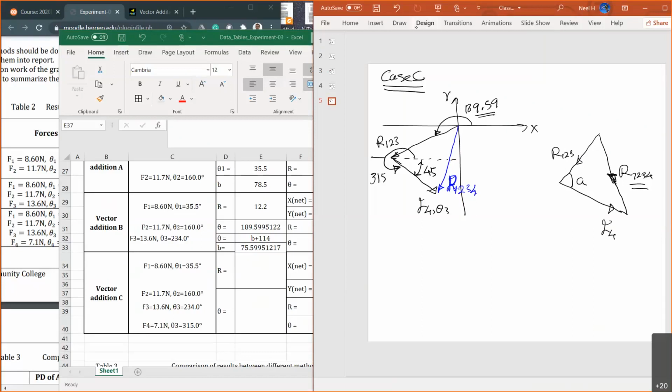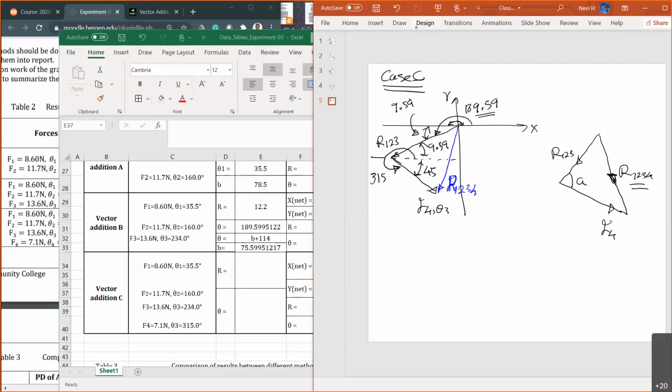This is 189.59. This part right here, 180. So which means this small angle right here is actually 9.59 or 9.6. Which means this part right here is the same angle, 9.59.